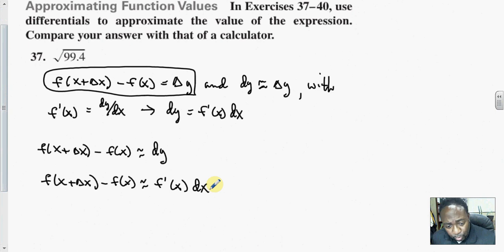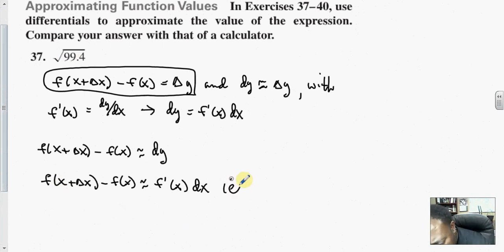Most times you're going to be looking for a function evaluated at some x that you can find plus some shift that just messes up everything, like this 99.4, because I know the square root of 100 is 10, but I don't know by hand or head the square root of 99.4.